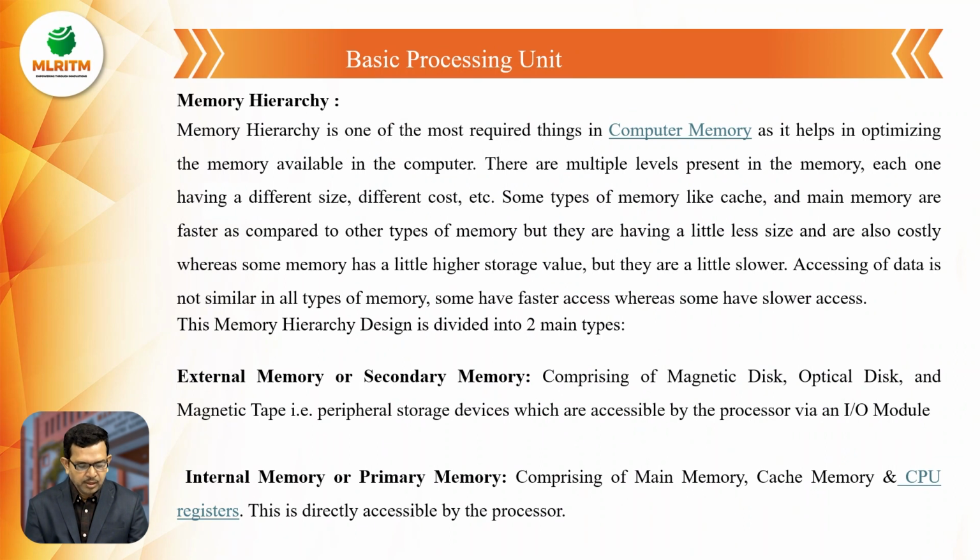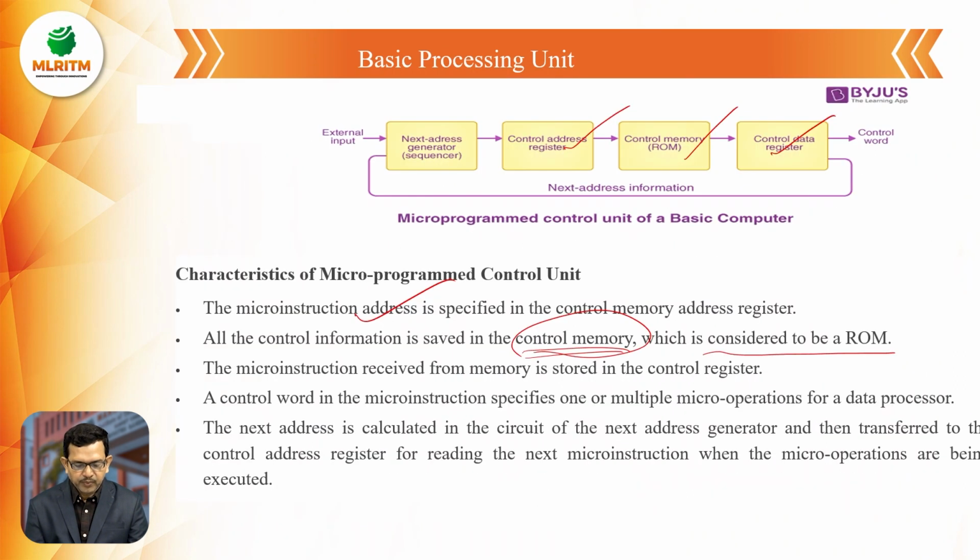In this way the microprogrammed control unit works. When we compare it with the hardware control unit, the microprogrammed one has slow execution; instructions are processed very slowly compared with the hardware control unit.